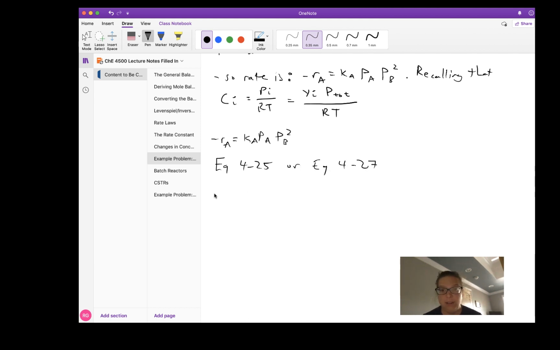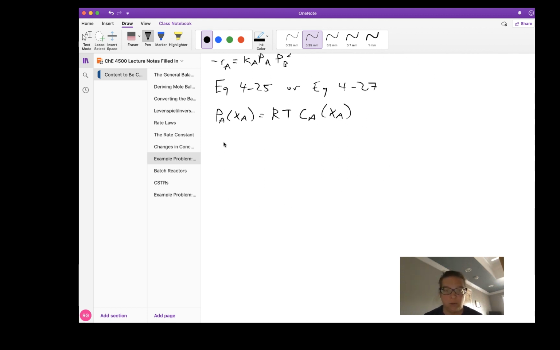These two equations are related. One allows us to write the concentration, and this one allows us to write the pressure. The relationship between the two is that the pressure of A as a function of XA is equal to R times T times the concentration of A as a function of XA. This equation is in terms of pressure, so I'm going to use equation 4-27.